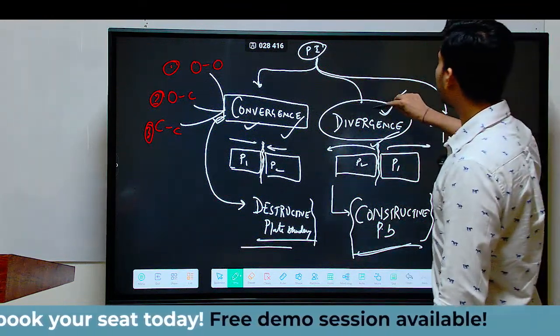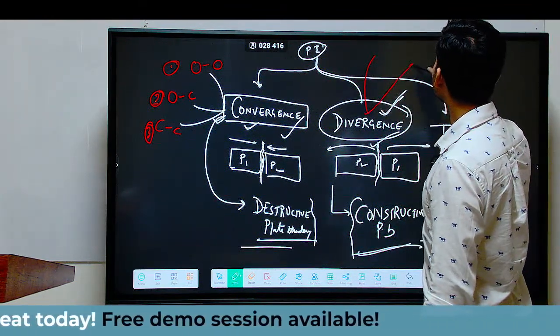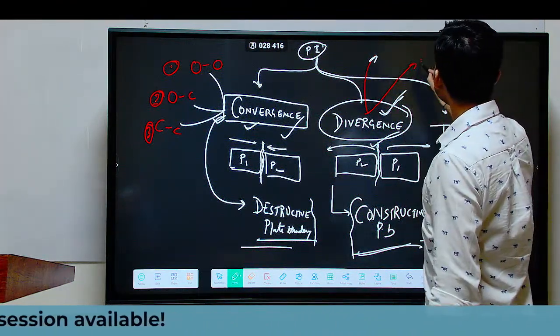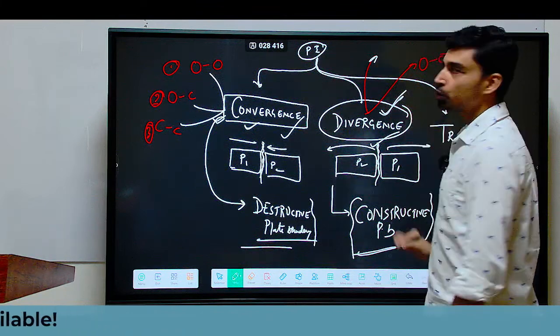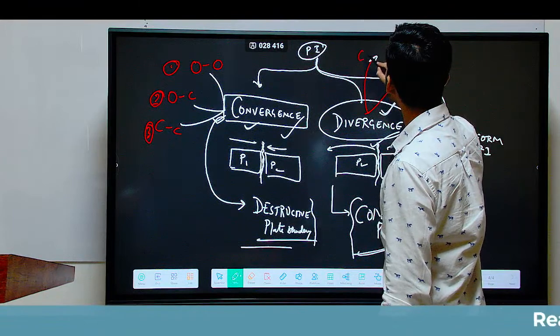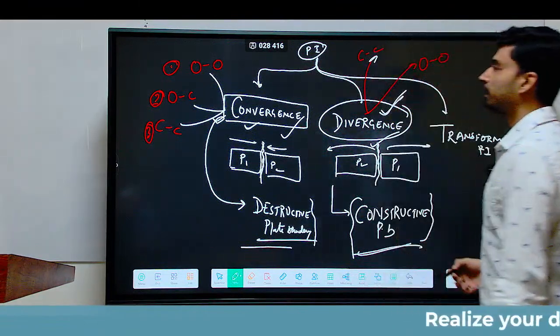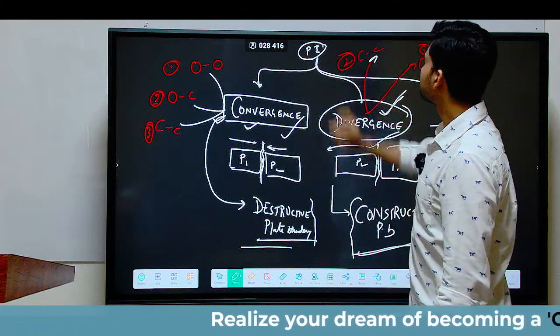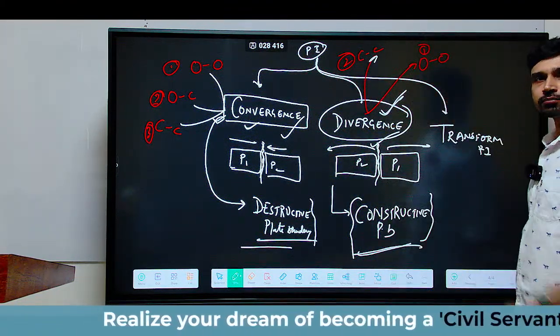Now, we basically have two types of divergence on the earth's surface. The first is oceanic divergence, divergence between two oceanic plates, and second is continental divergence. So here we also have two types of divergence, OO divergence and CC divergence.